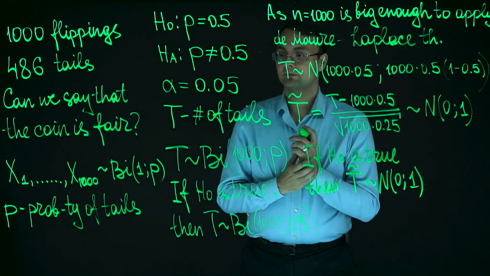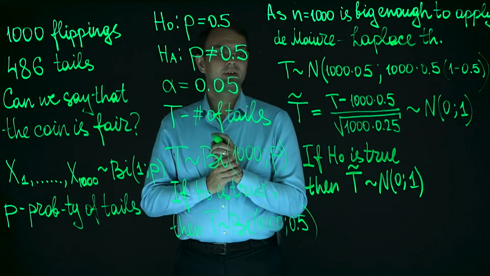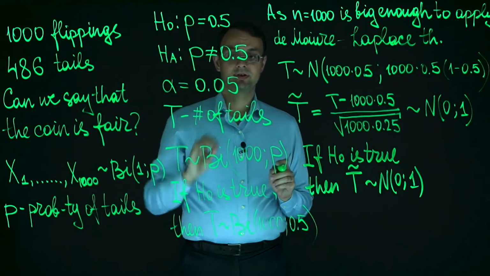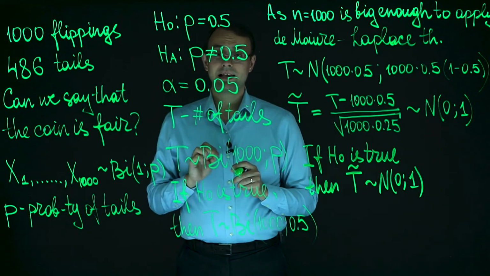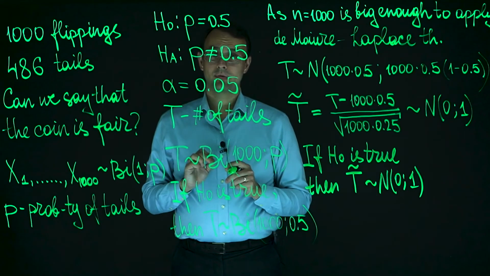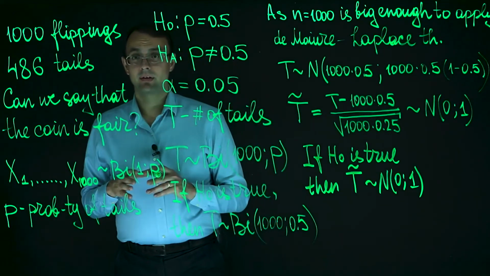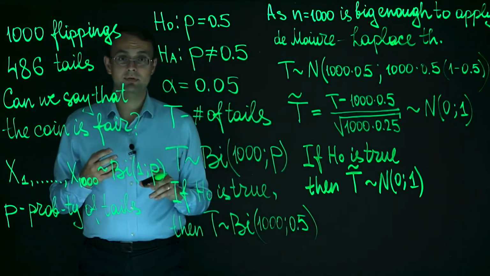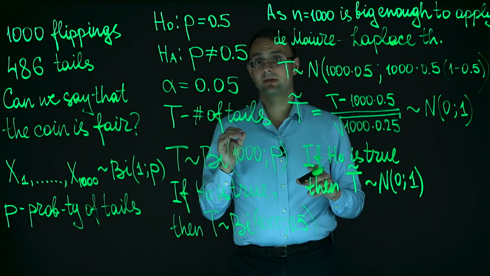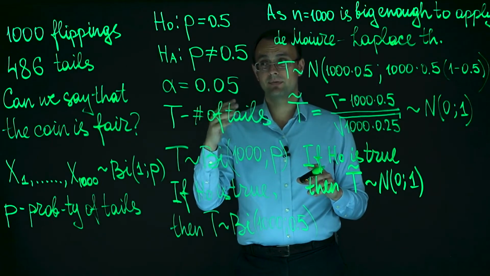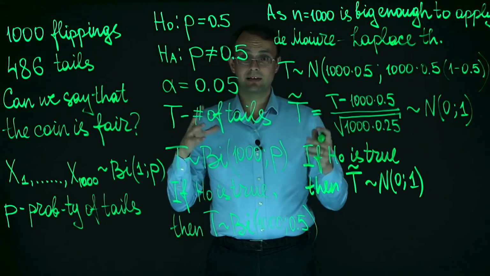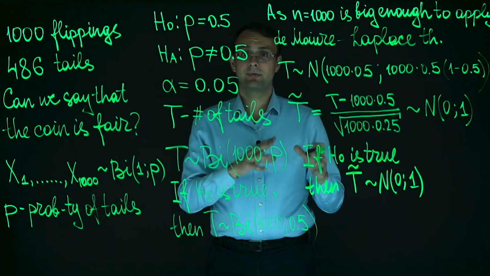If the null hypothesis is true, then the number of tails is close to 500. This means that for a fair coin, the average number of tails when we have 1000 flippings is 500, and so the actual number of tails is to be not far from 500.